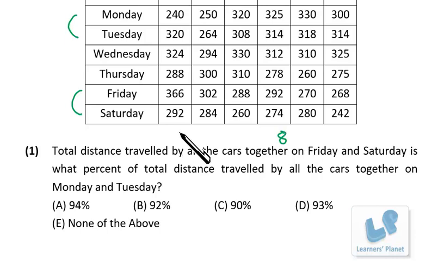Then 3 and 6, 9 and 9, 18, 18, 8, 26. You should do calculation in your mind, because if you speak out the number, it becomes time consuming.